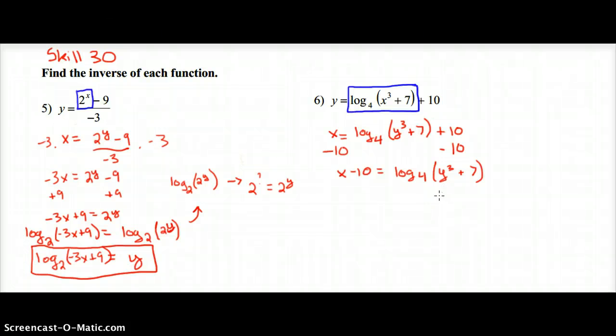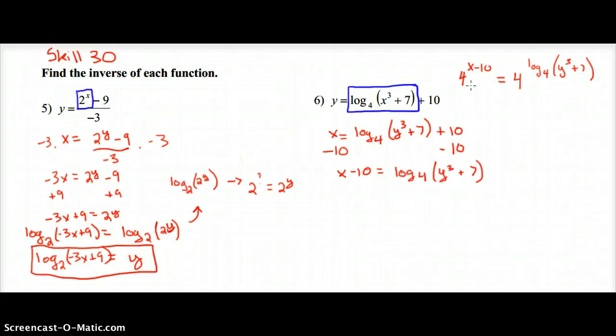Now, there are multiple strategies you could use here. One strategy is to say that because both sides are equal, I could set them as the exponents of this base. I could say 4 to the power of the whole left side, 4 to the x minus 10, equals 4 to the power of the whole right side, which is 4 to the log base 4 of y cubed plus 7.